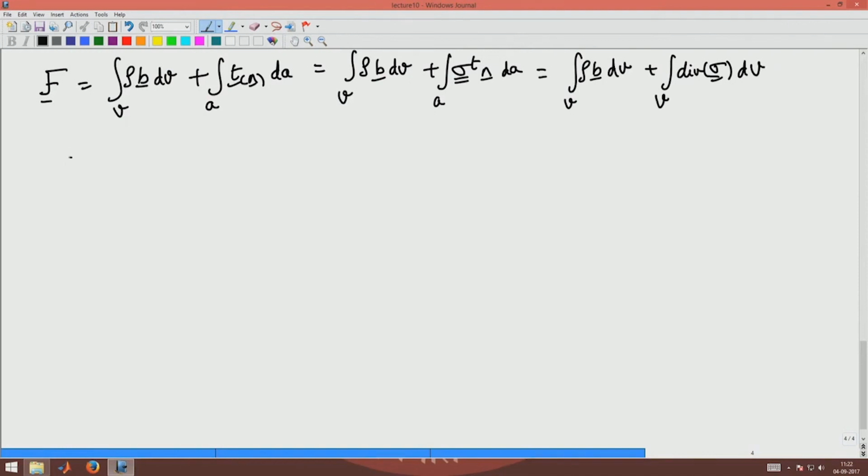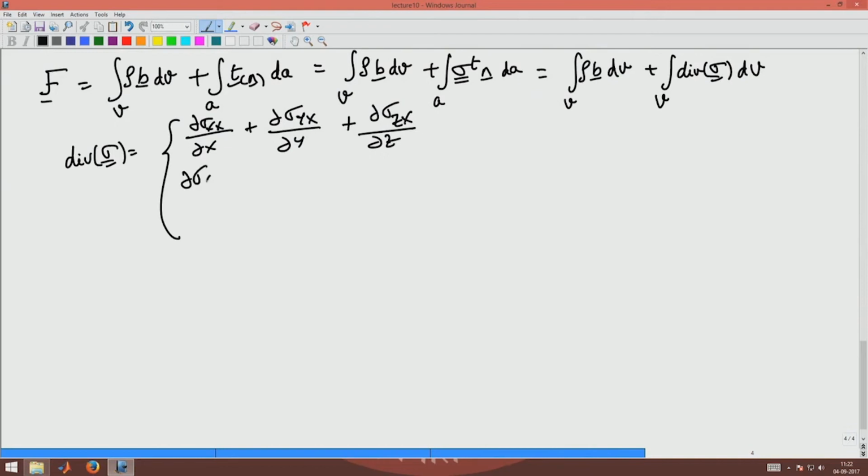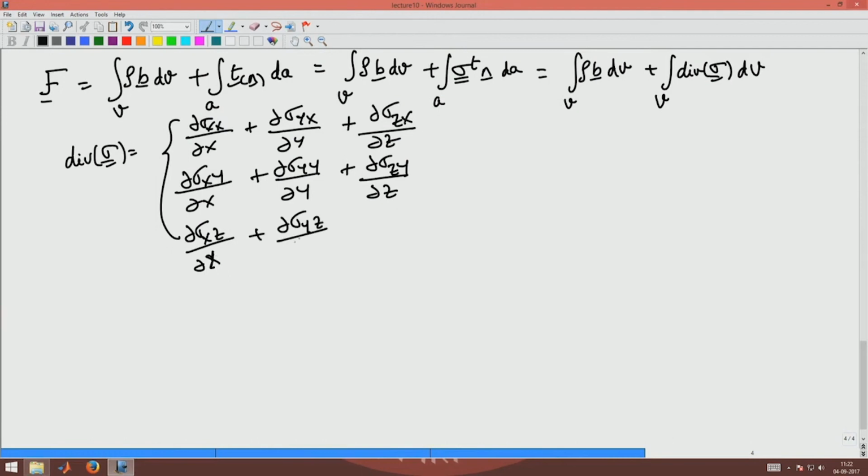Okay. Here divergence of sigma, as explained in the previous lecture, stands for this vector: dou sigma xx by dou x plus dou sigma yx by dou y plus dou sigma zx by dou z; dou sigma xy by dou x plus dou sigma yy by dou y plus dou sigma zy by dou z; dou sigma xz by dou x plus dou sigma yz by dou y plus dou sigma zz by dou z.